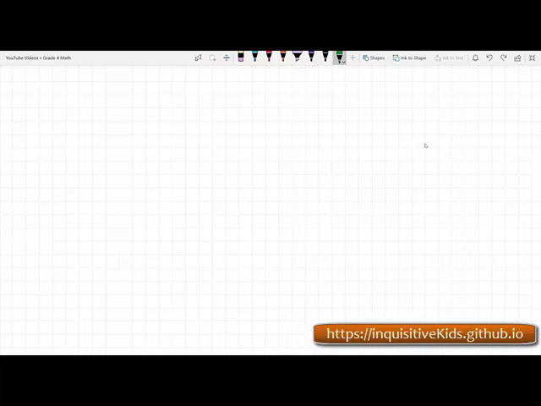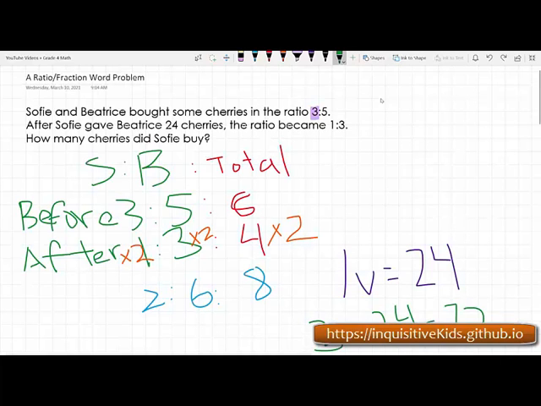Now let's review our 2 solutions for this word problem. In the ratio solution, we wrote down the before and after ratios, and then we realized that the total amount of cherries did not change. So we used that to link these 2 ratios together so we could figure out the problem easily.